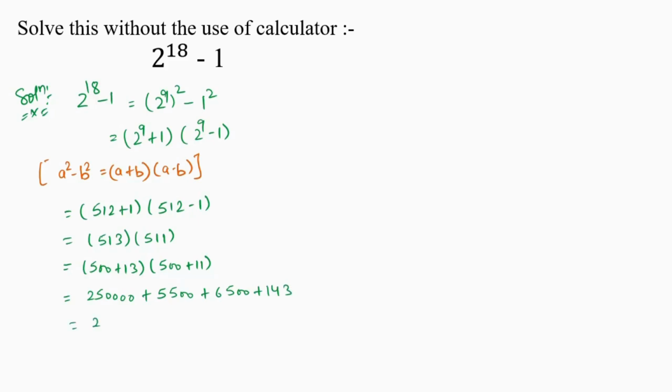On further solving this, we get 250,000 plus 5500 plus 6500 is equal to 262,000 plus 143. And on further solving this, we get 262143.